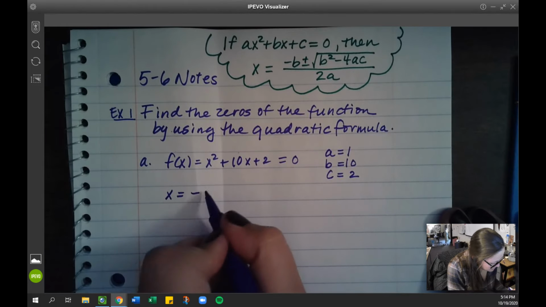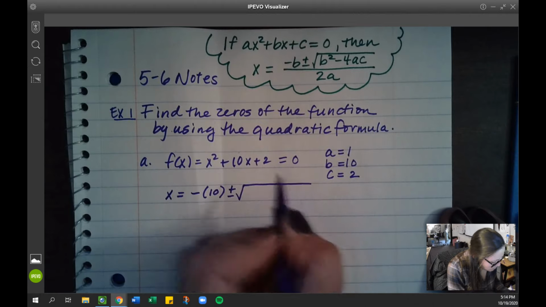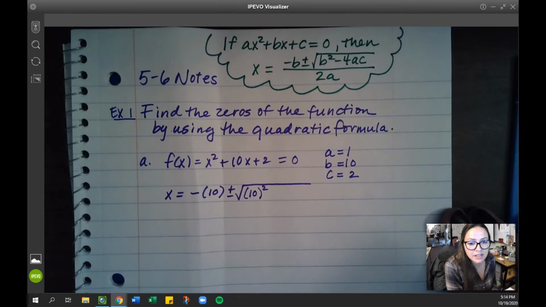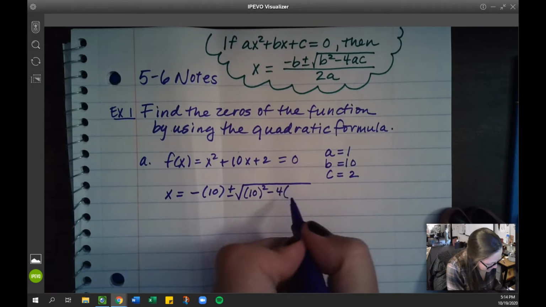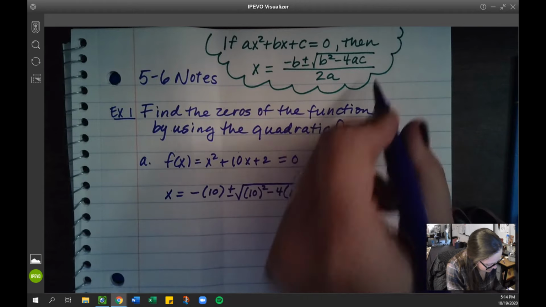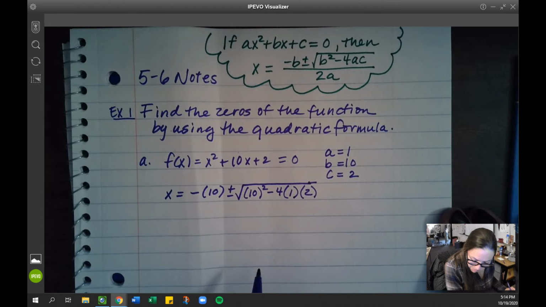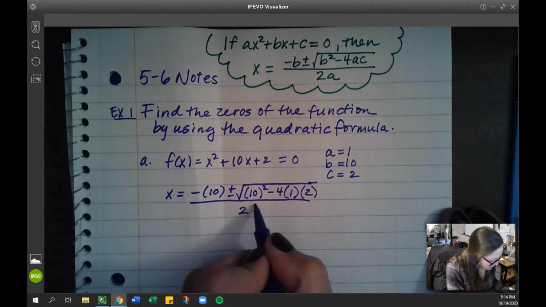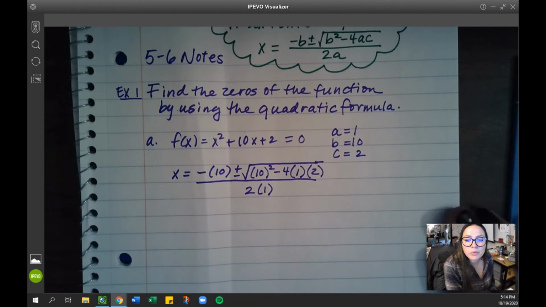Well, b is 10, so I'm going to have negative 10 plus or minus the square root. b squared is 10 squared, minus 4 times a, which is 1, times c, which is 2, all over 2 times a, and a is 1. Whew.